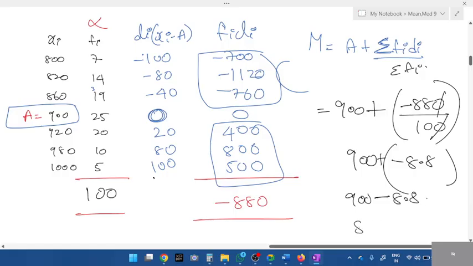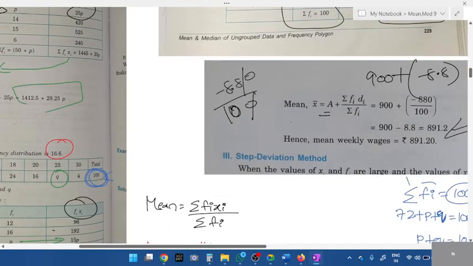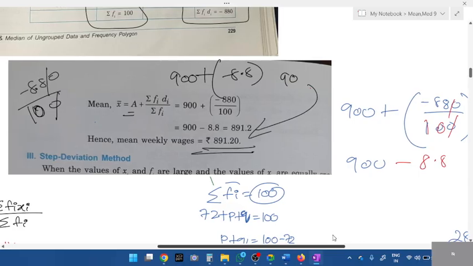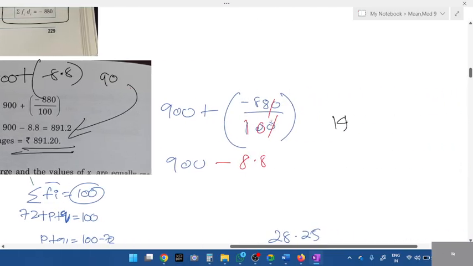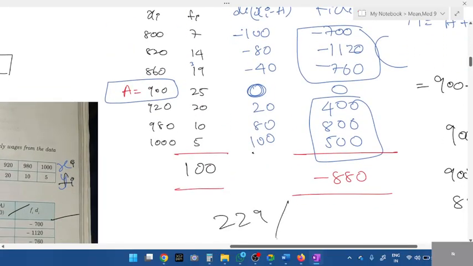So you get 891.2. Is the answer correct? Rupees 891.2. The calculation is given in your textbook, page number 229, students. If you want, go through page numbers 229, 230.